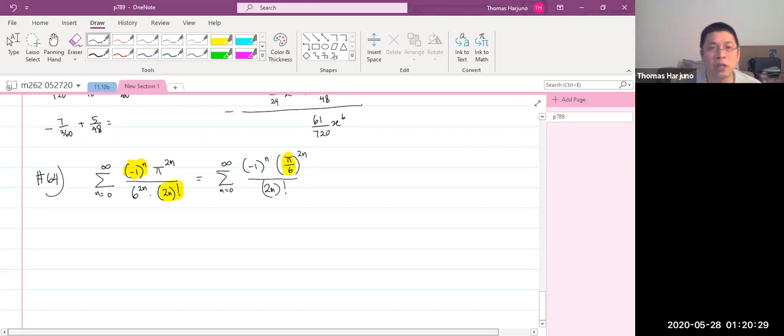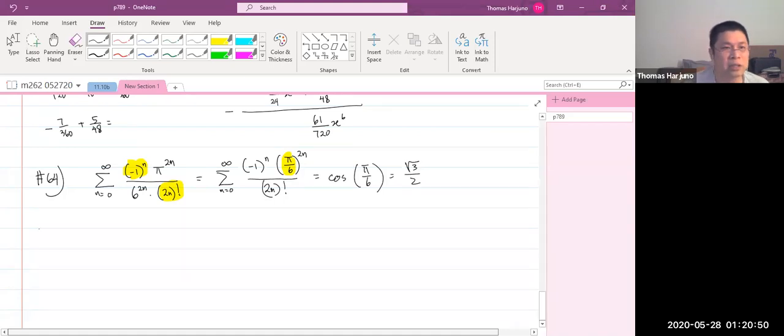But this is equal to cosine x, where the x is pi over 6. So this is radical 3 over 2. Okay, you should be able to connect the dots in between.